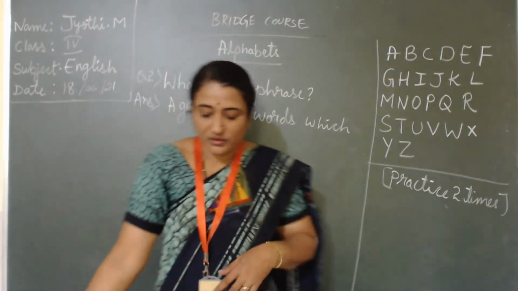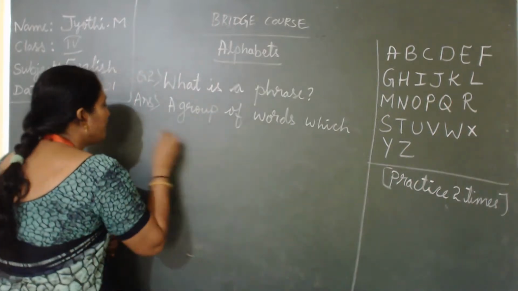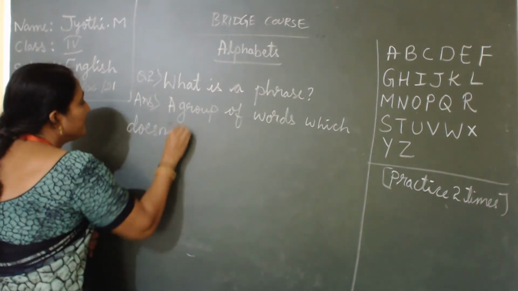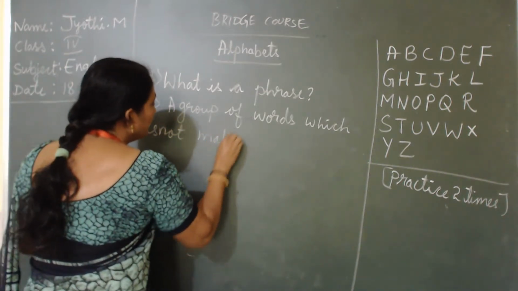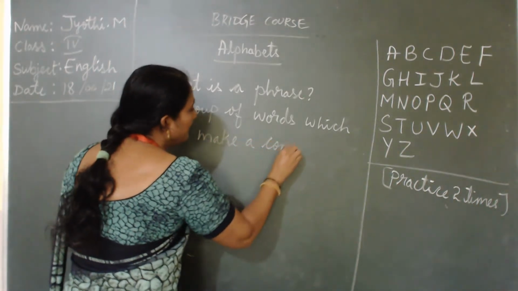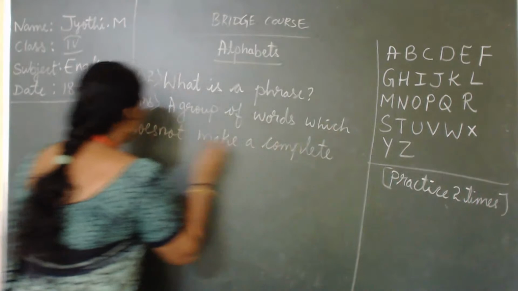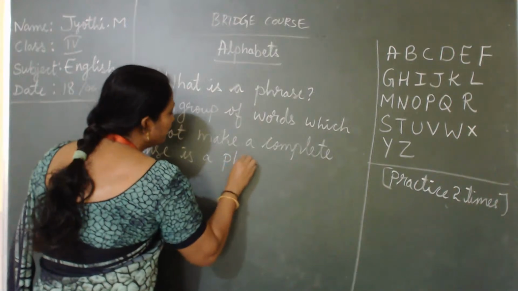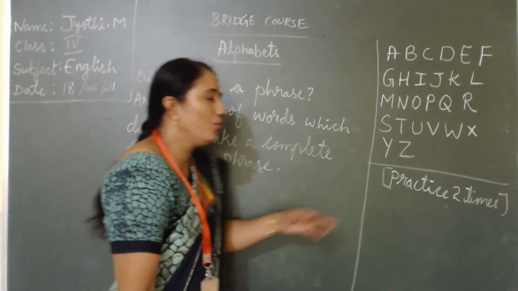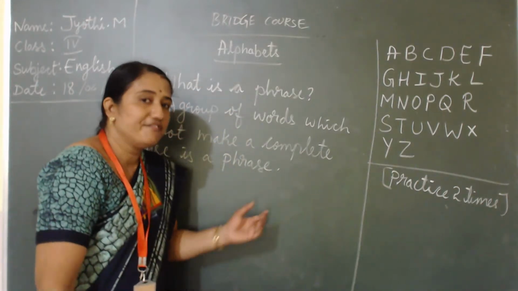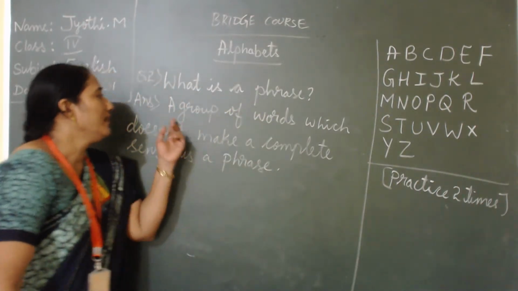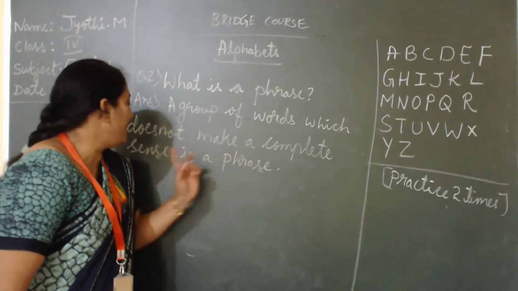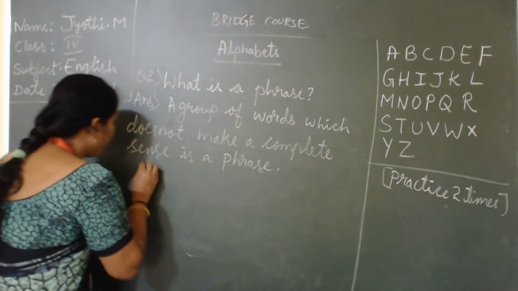A group of words which does not make a complete sense is a phrase. I told you how to form a word. With the help of the letters, you can form a word. But what is a phrase? A group of words, meaning some group of words which does not make a complete sense, is a phrase.